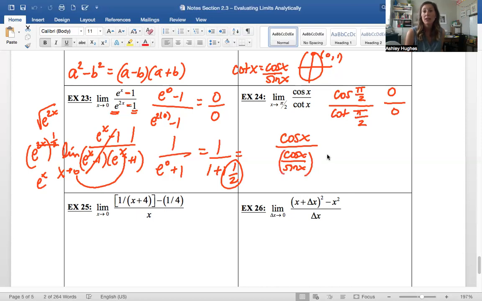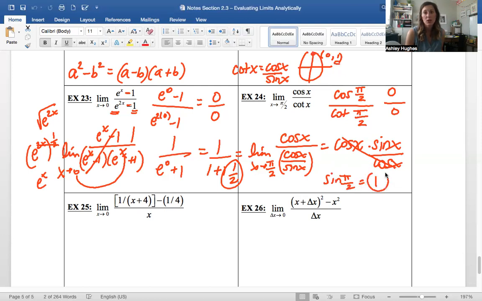Now, if you're dividing by a fraction, you can multiply by the reciprocal. So that's like multiplying by sine x over cosine x. These simplify, and now I can just say I'm taking the limit as x goes to pi over 2. So I can plug pi over 2 into sine. And I see up here, it's the y value, so it's 1.